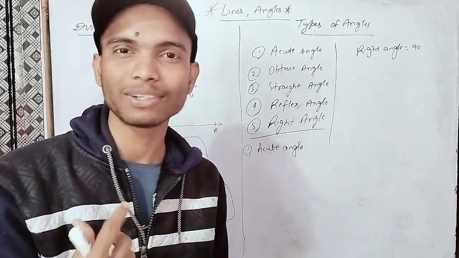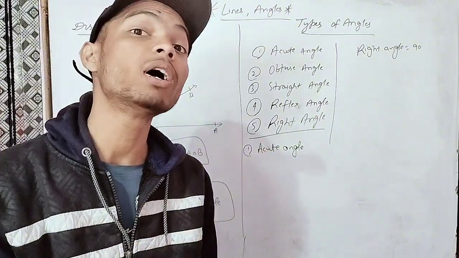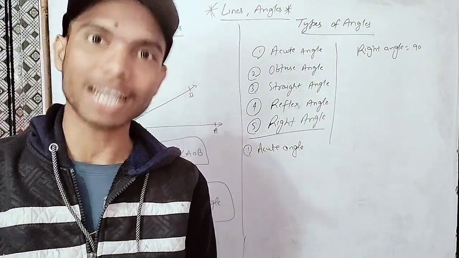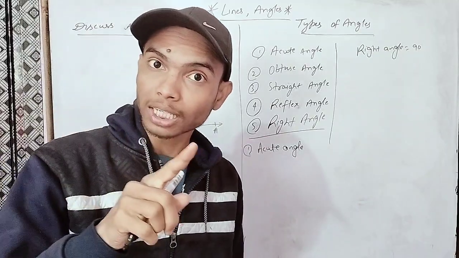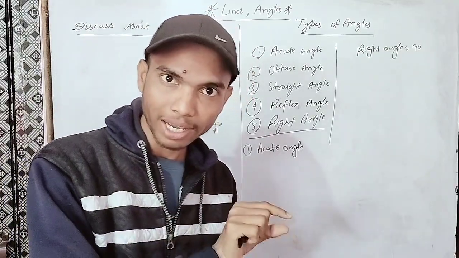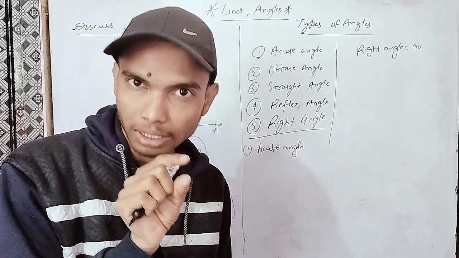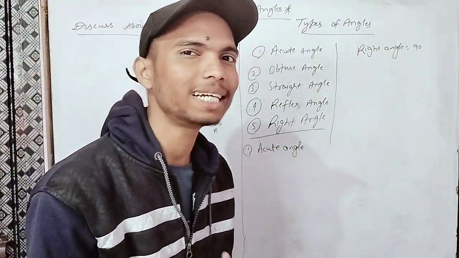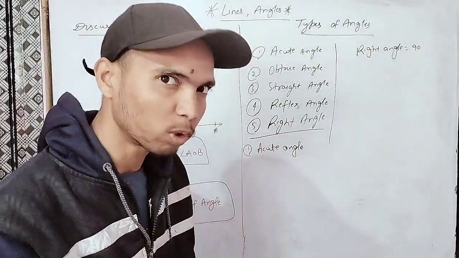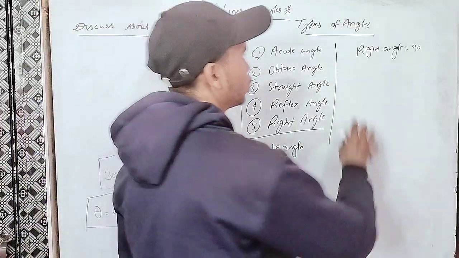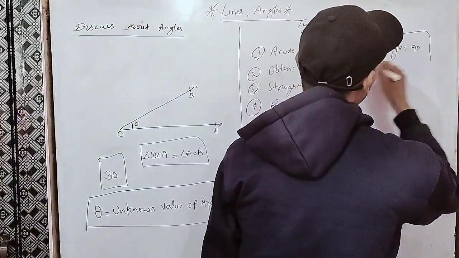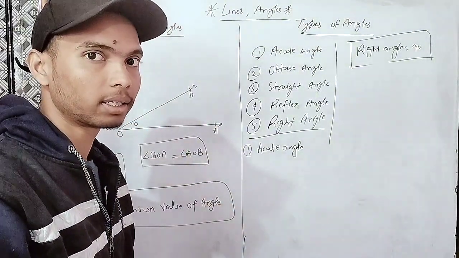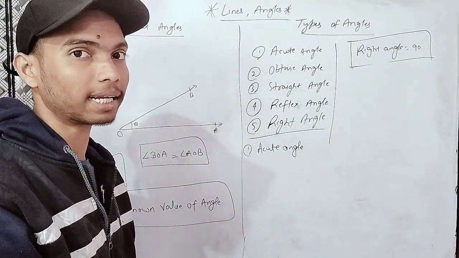In words, we say that we have a right angle, which is a rotation of 90 degrees. First of all, we are understanding it because it will help us understand acute and obtuse easily. So remember that a right angle means a rotation of 90 degrees.